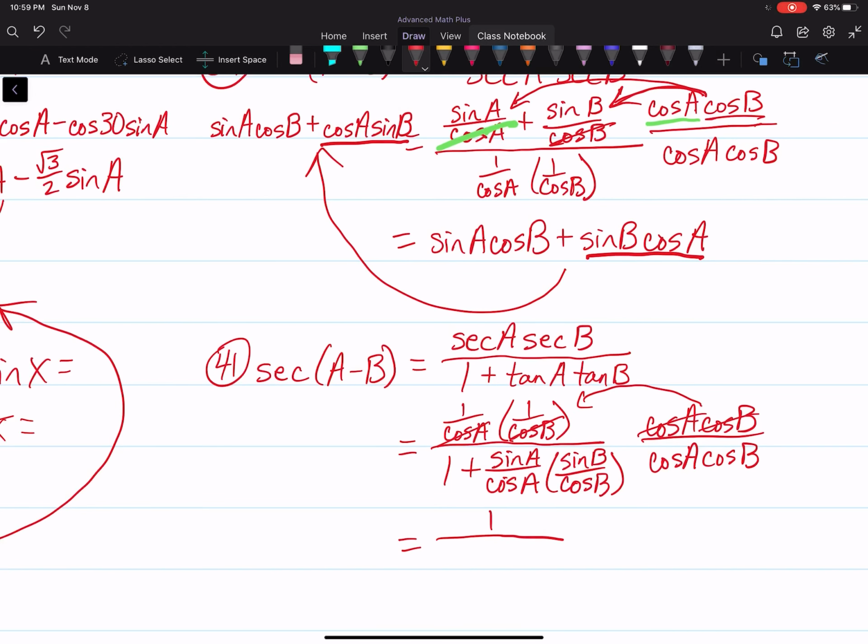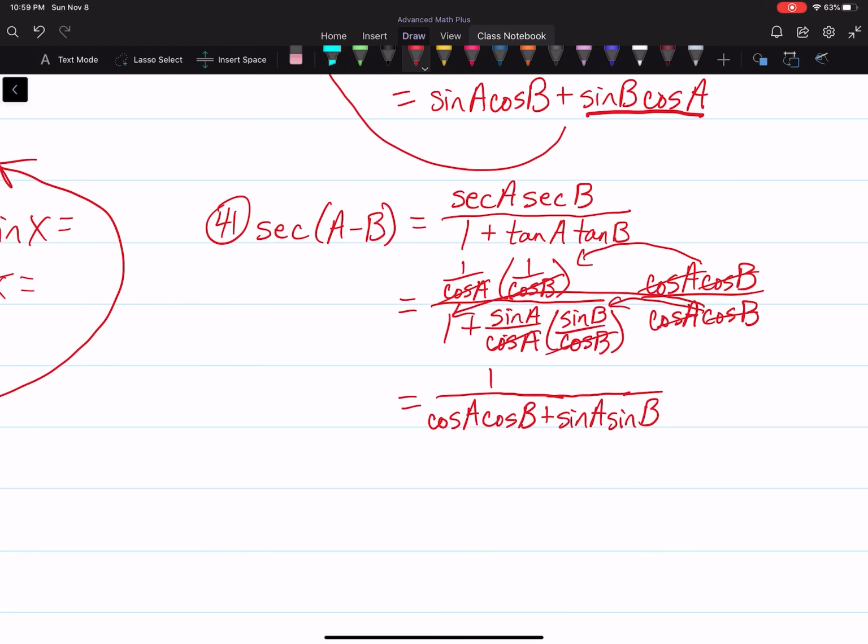And then when we multiply here, cosine A cosine B times 1 is cosine A cosine B. And then when we multiply it by these, the cosine A and B cancel each other, and we're left with plus sine A sine B. And again, that's about as far as we can go on that one.